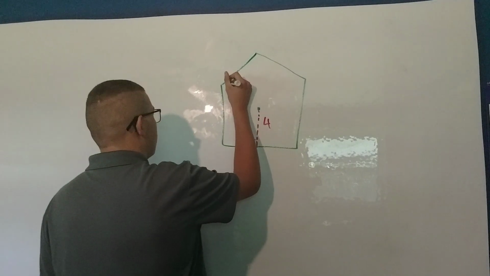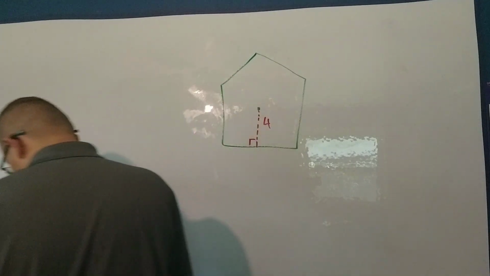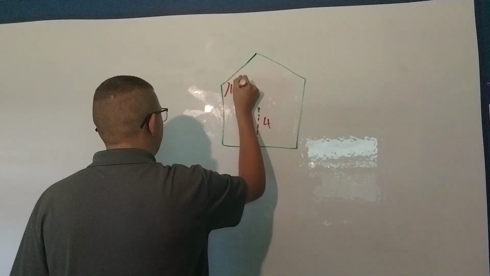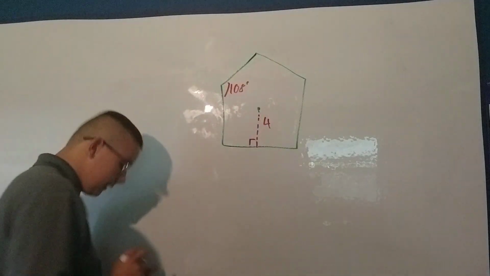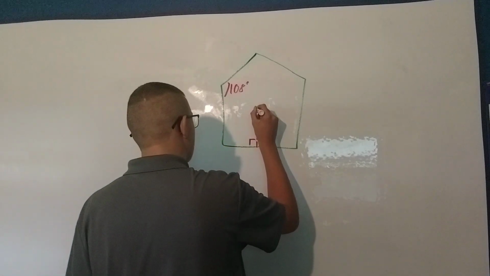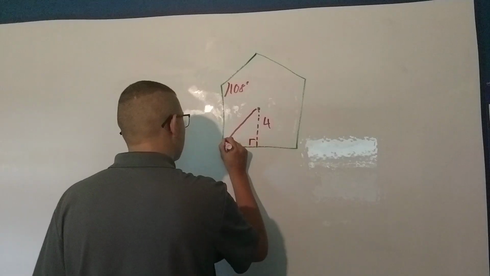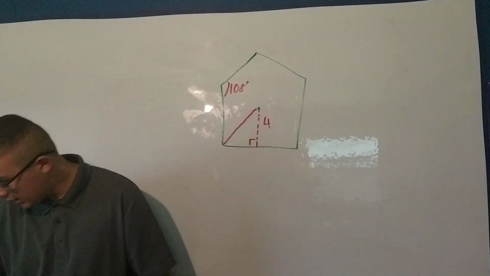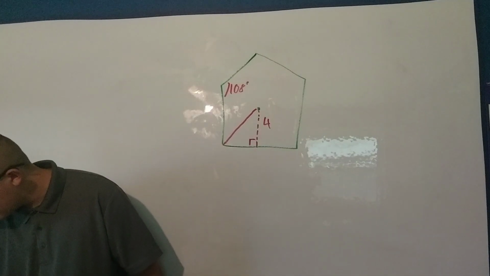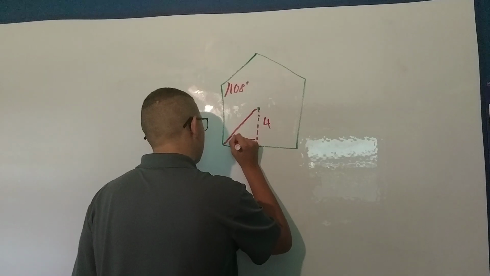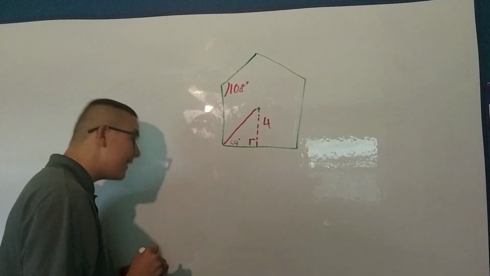So I know that this here is 108 degrees. And if I draw out the radius of this shape here, like this, I know it bisects that, so we want to take half of the 108, and we get 54 degrees here, like that.